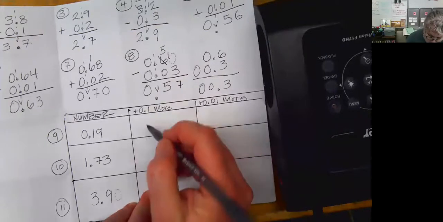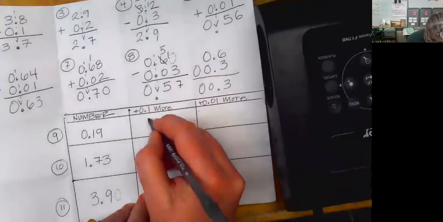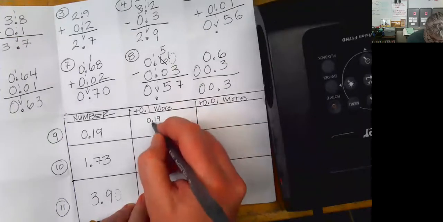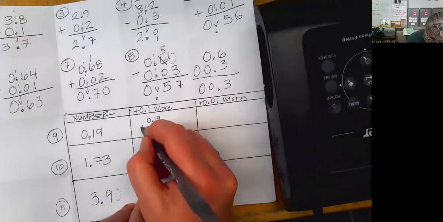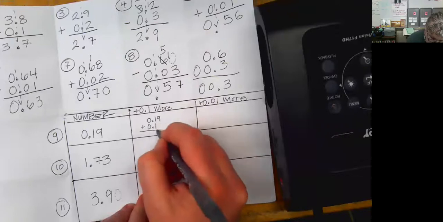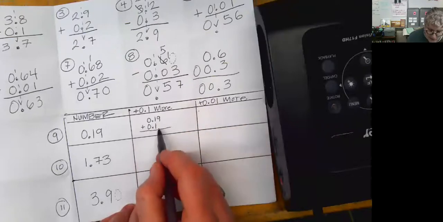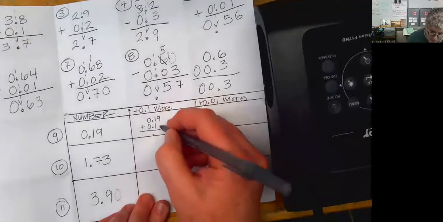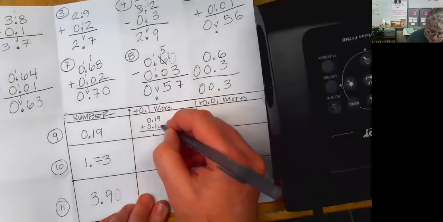So I'm going to take my 0, 19 hundredths, and I'm going to line up the decimals, and I'm going to add 0.1. Now, this looks funky, doesn't it? Because I've lined these up, but I'm going to put a little invisible 0 there.